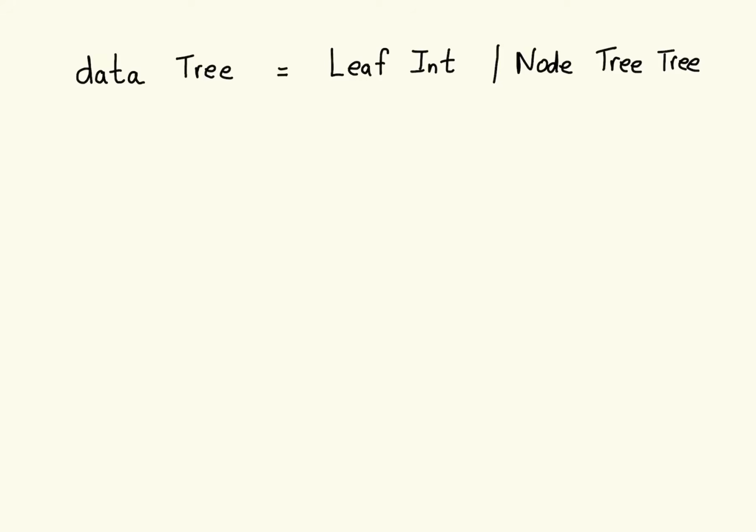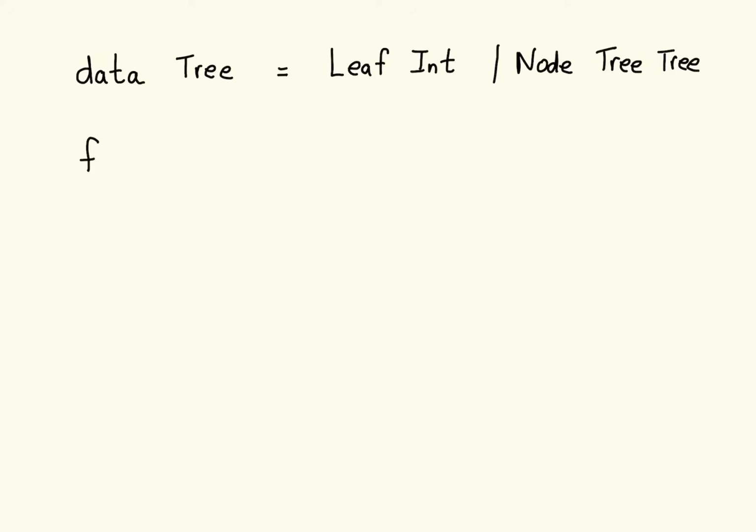So to summarize, I've declared a new type of binary trees, and it's got two constructors, a leaf constructor which takes a single integer parameter, and then a node constructor which takes two subtrees as parameters. So nice, simple, recursive data type. So now we can think about defining a function which flattens such a tree.